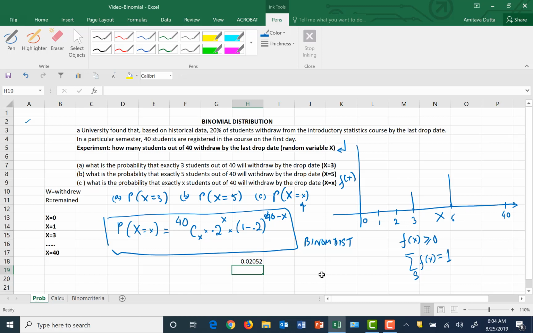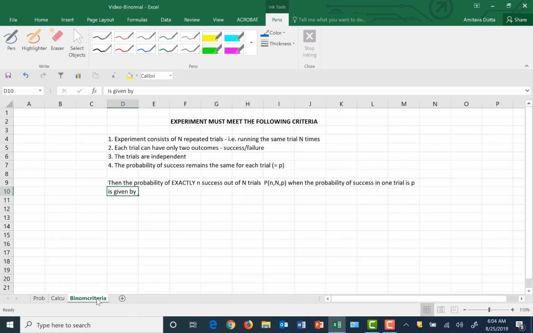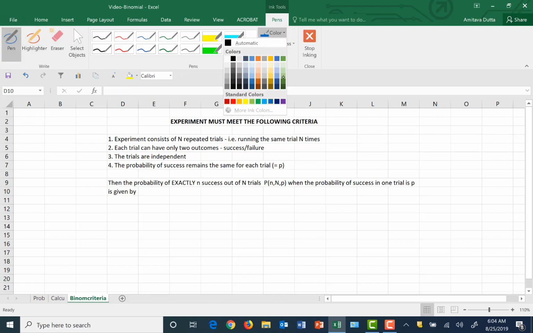Okay. Now that you've seen this particular example, what are the general properties of the experiment that must hold in order for its outcomes to have the probability distribution described by the binomial distribution? The first is that the experiment must consist of n repeated trials.